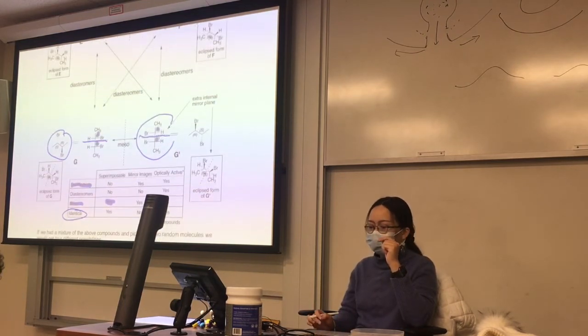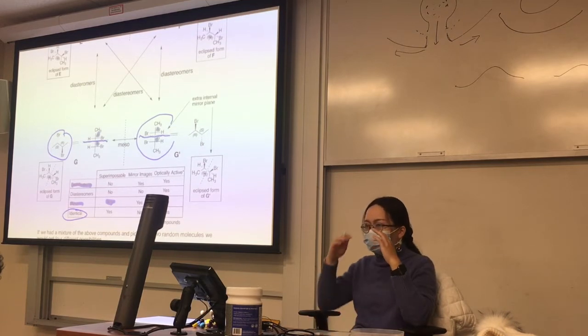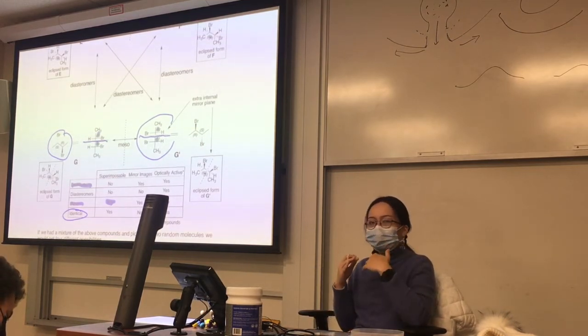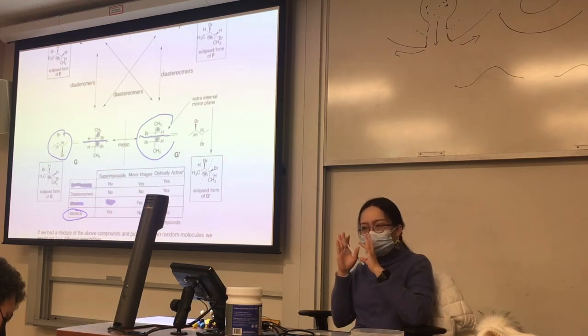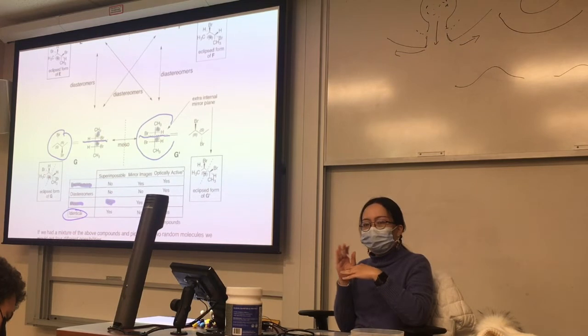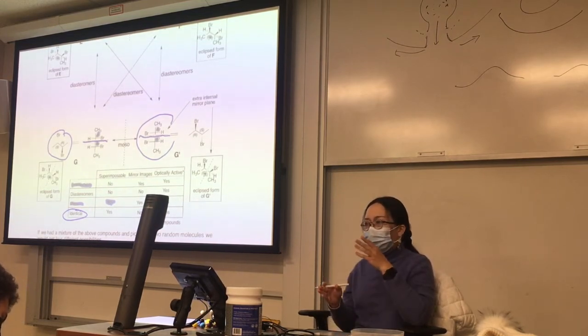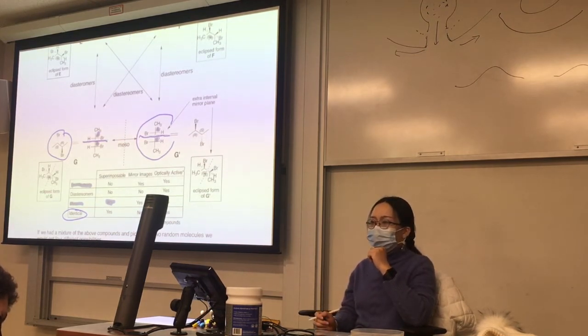And then you assign R and S. If all the stereocenters are opposite, then you need to check if there is a symmetrical plane. If there is, that is a meso compound. If there isn't, then this is a pair of enantiomers. If any one of the stereocenters is the same, these are a pair of diastereomers.